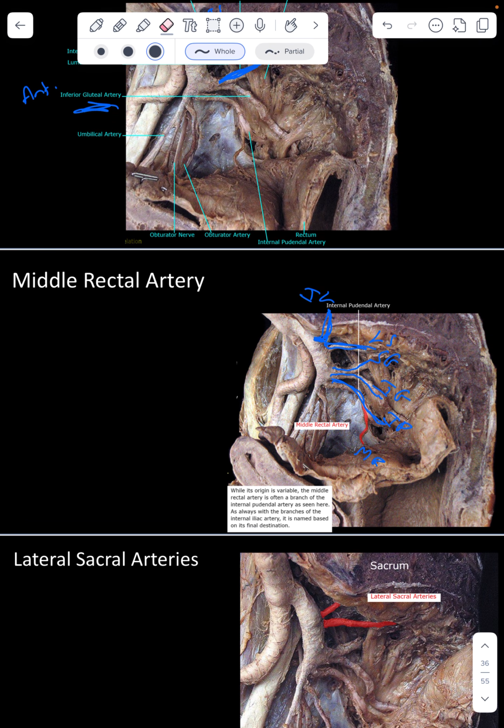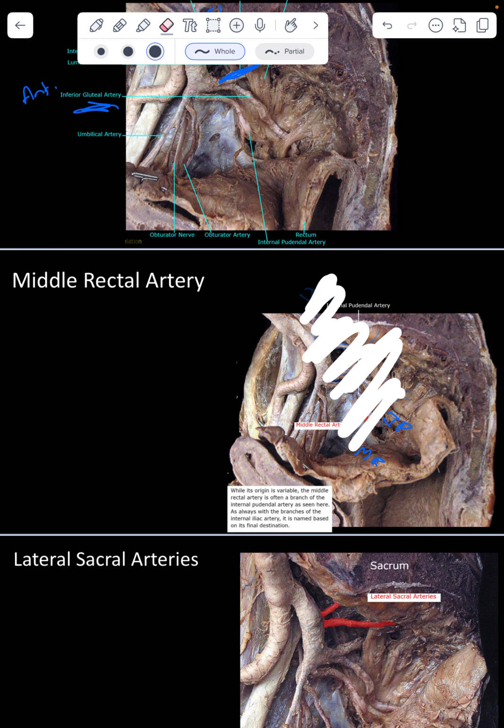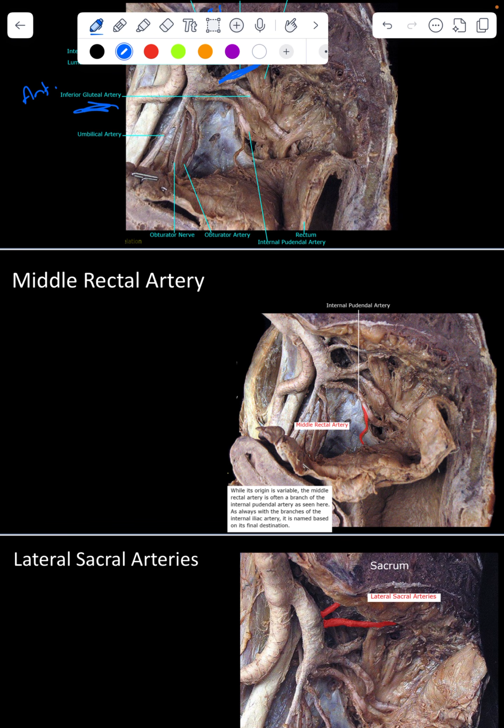Okay, let me erase this stuff. So here, external iliac, internal iliac, iliolumbar, lateral sacral, superior gluteal, inferior gluteal. Now, this right here is one of the ones that I said has a weird route.